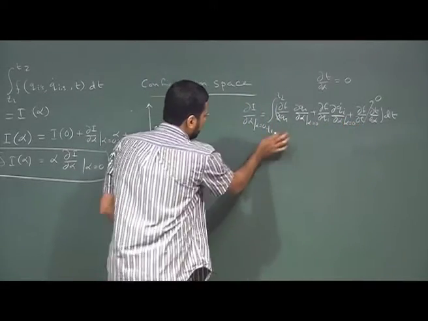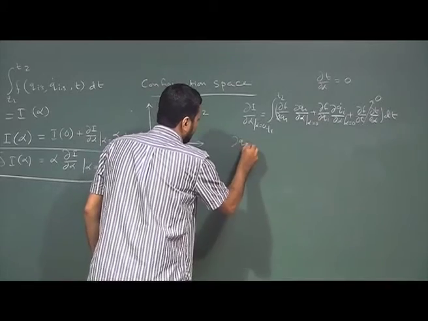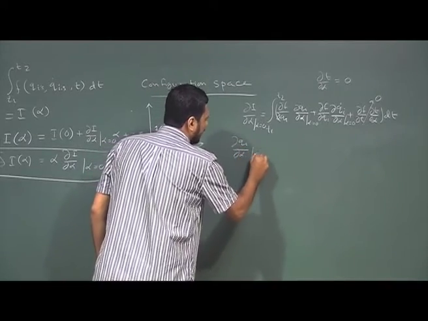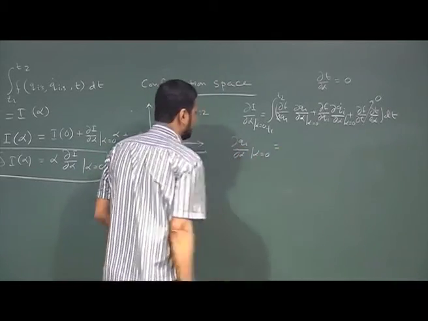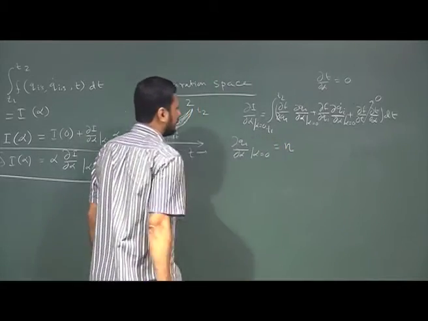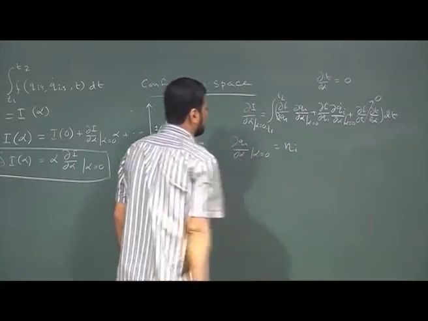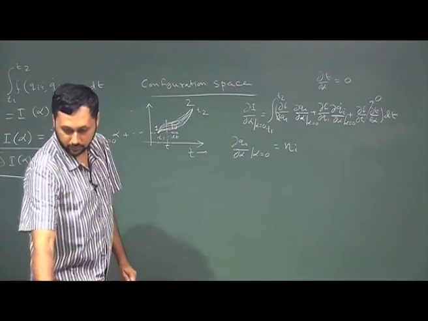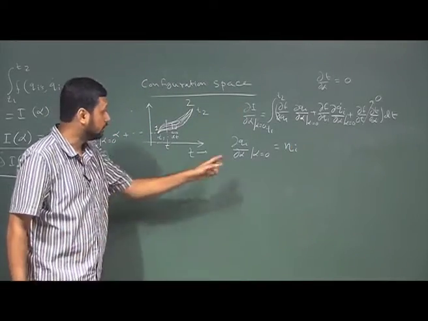Now, if you recall, dq_i d alpha at alpha equal to 0 is nothing but your eta_i, right. That is what we did just now.